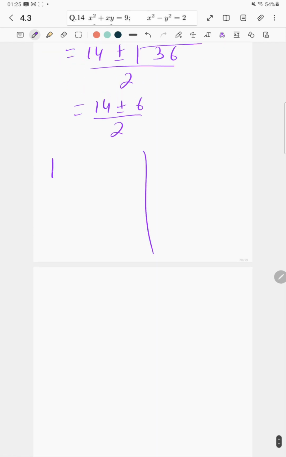So p is equal to 14 plus 6 over 2, and p is equal to 14 minus 6 over 2. That is 20 over 2 and 8 over 2.